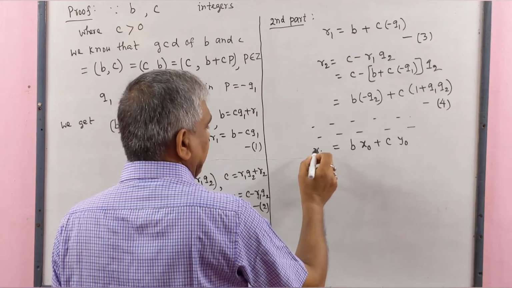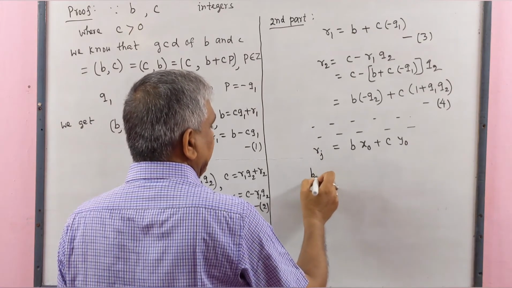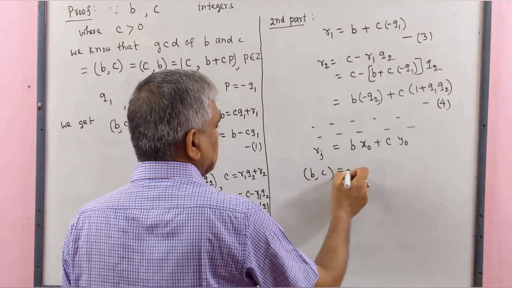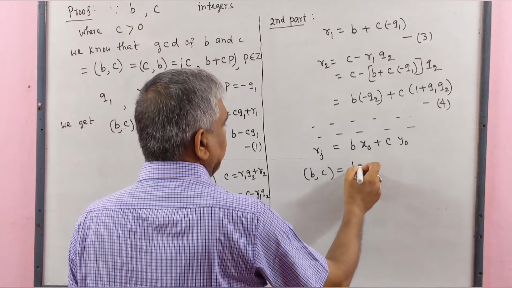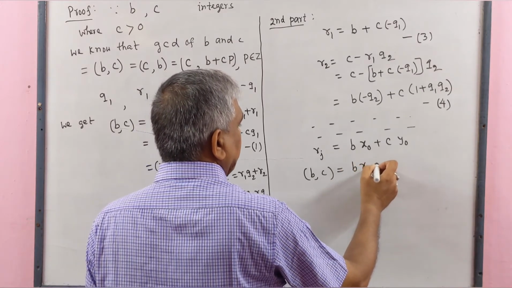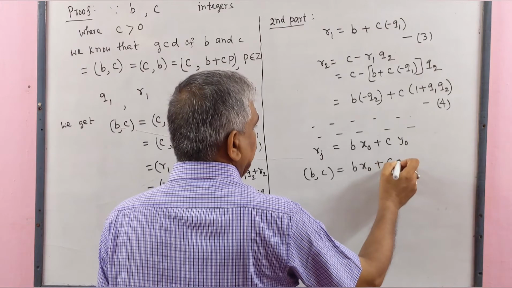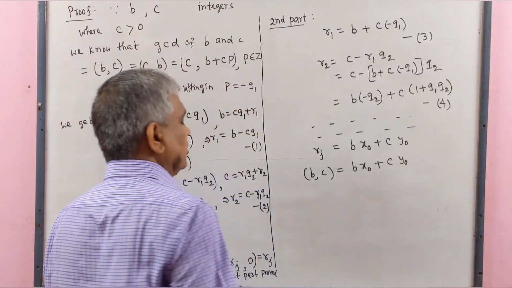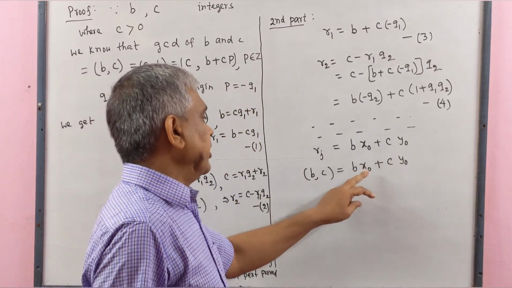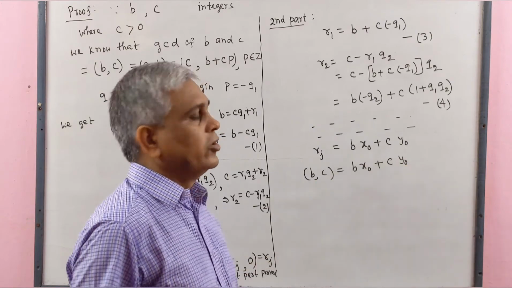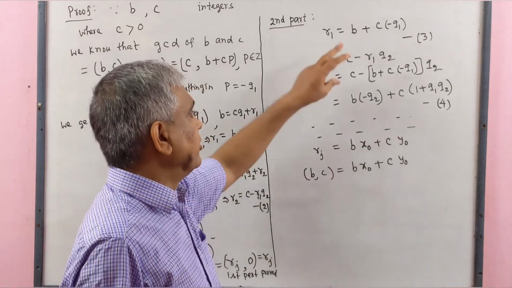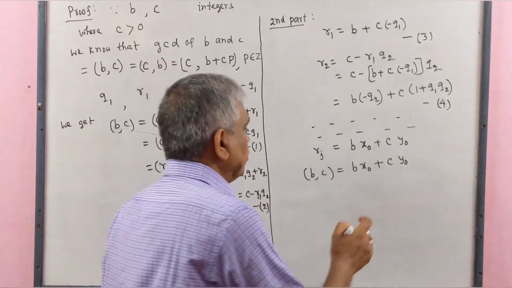Therefore, Rj, the GCD of B and C, is expressed as a linear combination of integers B and C. Here x naught and y naught may be obtained. Therefore, proved.